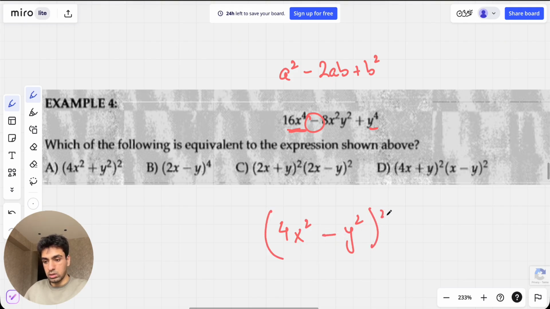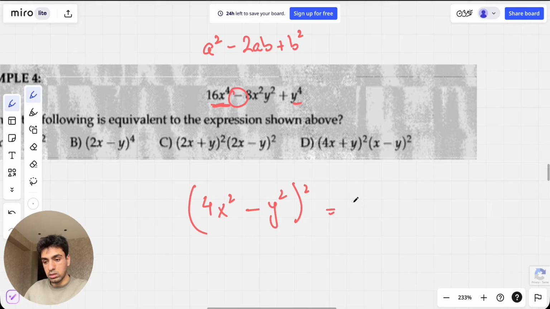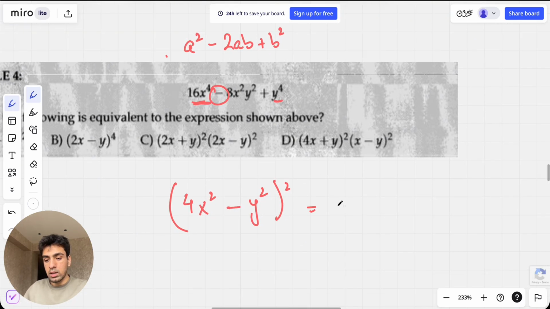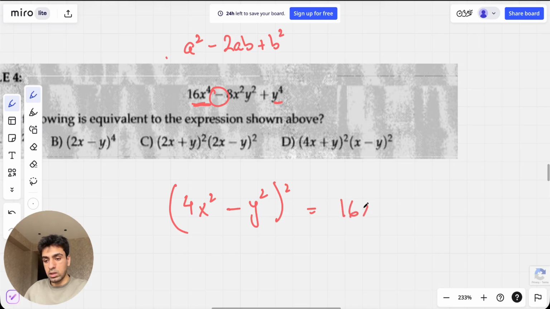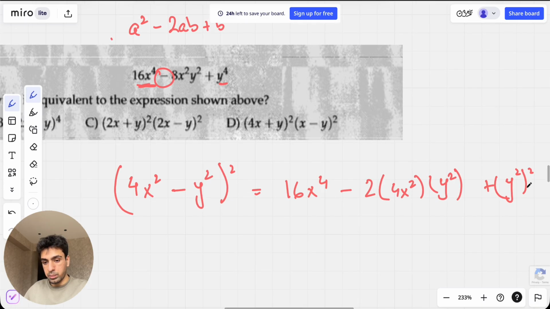So that'll be your answer, and you can check if this is correct. If you expand this, you will use the same rule, which gives us 16x to the power of 4 minus 2ab plus b squared. This is a, this is b. So y squared squared becomes y to the power of 4.